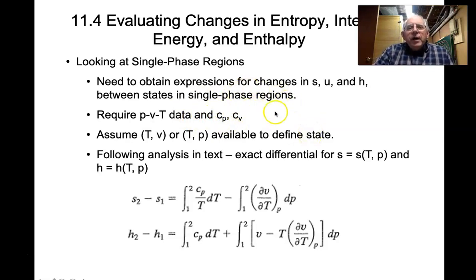And so what proceeds here then is more detailed in the textbook, but if we assume that T and V or T and P can be used to define a state, okay, those are the two independent properties, we can go back to the original portion of this chapter and say, well, let's assume that we can write an expression for entropy as an exact differential with respect to temperature and pressure.